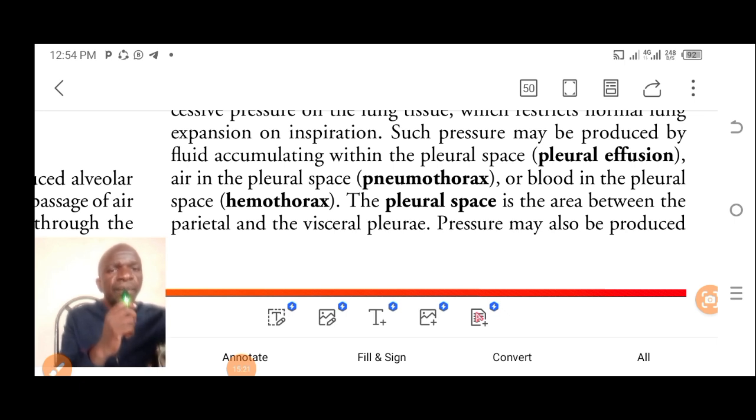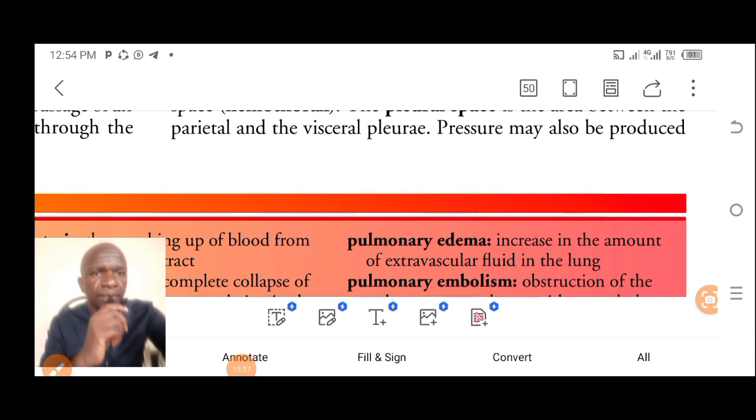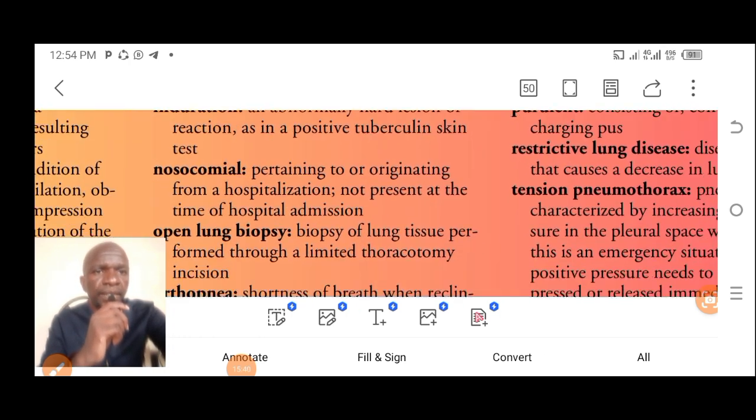The pleural space is the area between the parietal and the visceral pleura. We're going to see it in anatomy and physiology, particularly looking at the description of the double layer of the pleura, which is a double layer of serous membrane which invaginates or surrounds the lungs, right?